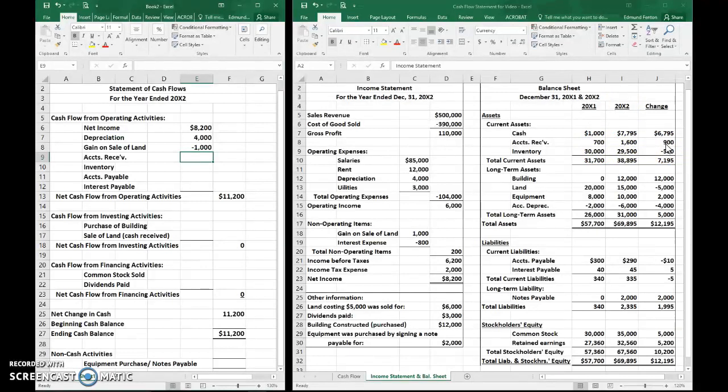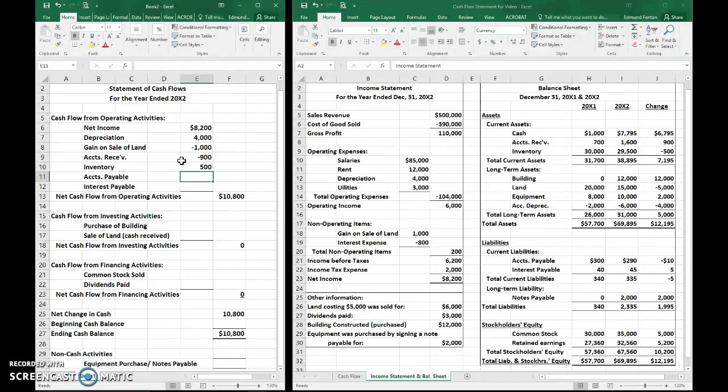And since that means we did not collect that cash, we subtract the increase in receivables. So that's the rule for the change in current assets. If the asset went up from last year to this year, then we subtract the increase. If it decreased, we add it. That's what happened with inventory. You can see inventory went down $500 from the previous year, and we add $500.